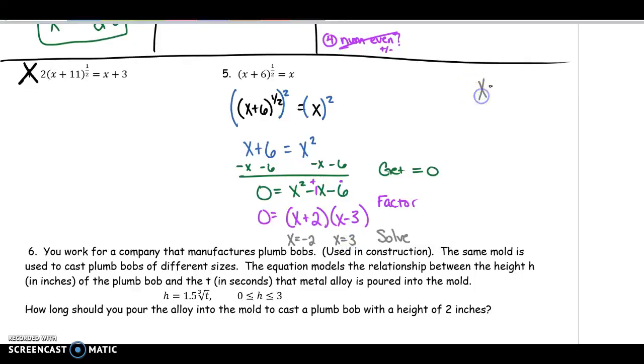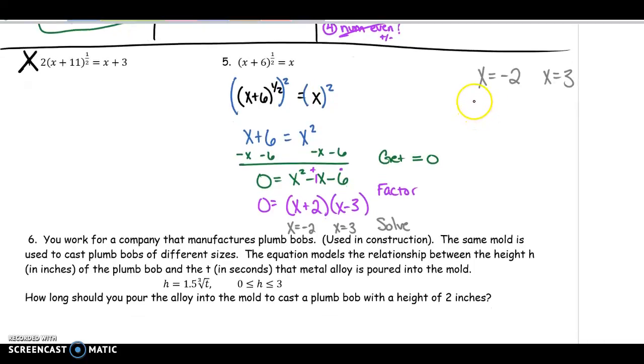Now I'm going to take my solutions up here where I have a little bit more room to work. Especially if you get two solutions as your answer, you should check both solutions to see if they actually work. So let's check -2. I'll use red. -2 plus 6 is 4.